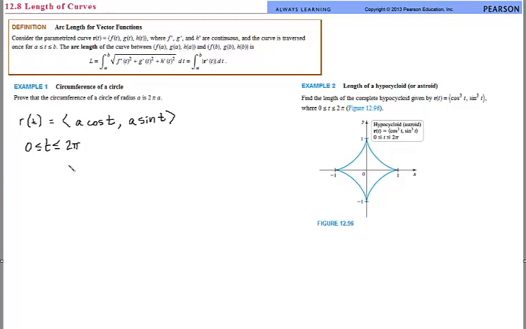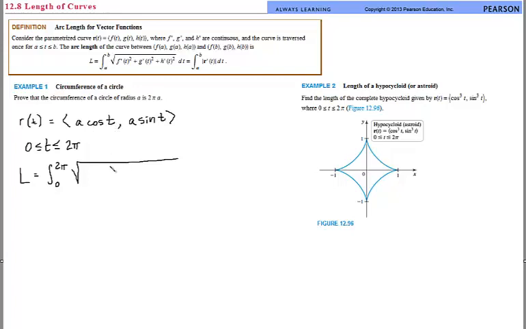So let's get the arc length of this. So L is going to equal the integral from 0 to 2 pi of the square root of, and my f is in the i component position.